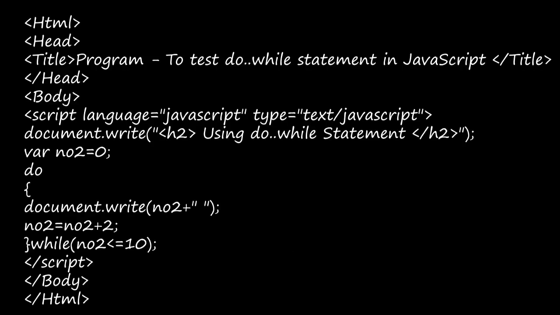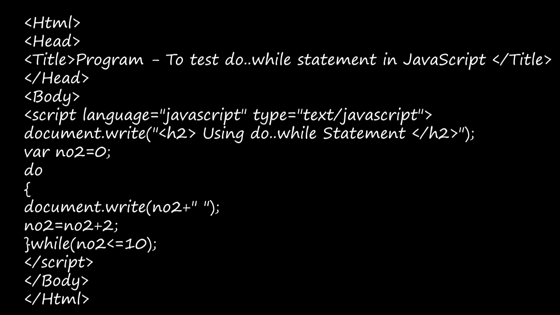First the HTML tag, then the head tag is opened, inside that the title tag is opened, and inside the title tag: program to show do while statement in JavaScript. Then the title tag is closed, the head tag is closed, and then the body tag and the script tag are opened. The script tag is used to include JavaScript inside HTML, right?